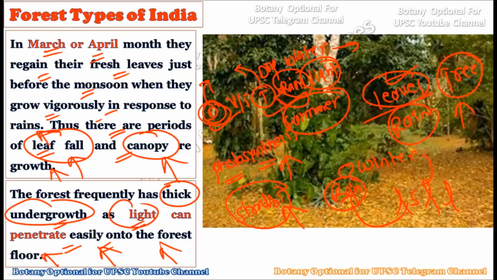But this type of adaptation is not required in the deciduous forest. Why? Because light can directly penetrate to the floor level, and hence shrubby plants can also be present there. Plants of average height, which do not show that much height, are also present within the deciduous forest. So the deciduous forest has the characteristic feature of medium-sized trees, while in the evergreen forest you will find very tall trees.